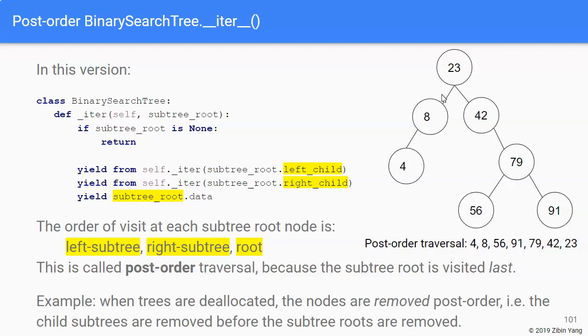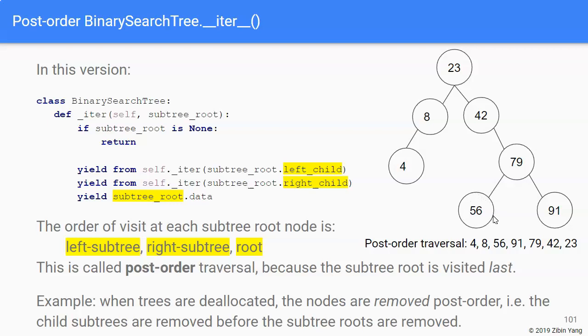And now the left subtree of the subtree that starts at 23 is done. Then we don't yield the root 23 yet, right? We have to go visit its right subtree. So you can kind of work out that we are really yielding everything from the bottom first, right? So the next one that is yielded would be 56.